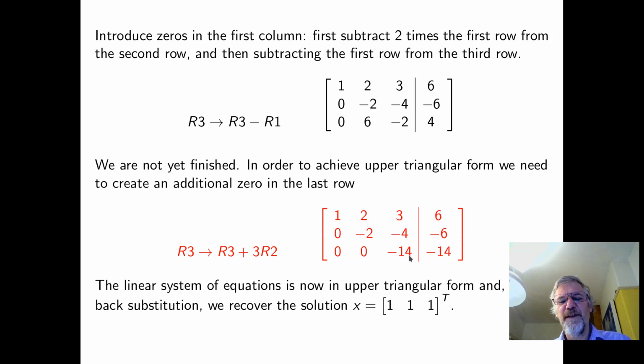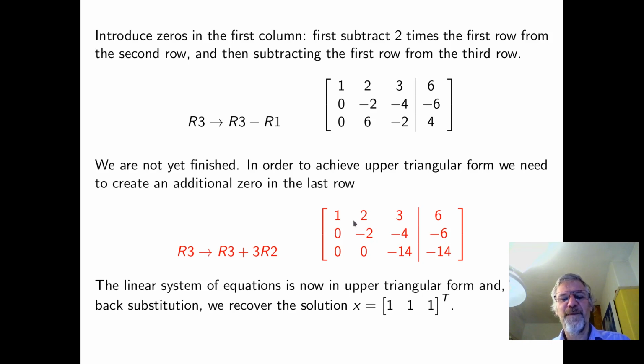Now at this point we can use back substitution. The last row says -14x3 is equal to -14. So x3 is 1, and that's easy. Then -2x2 - 4 is -6, so of course x2 is 1 as well, because -2 minus 4 is -6.